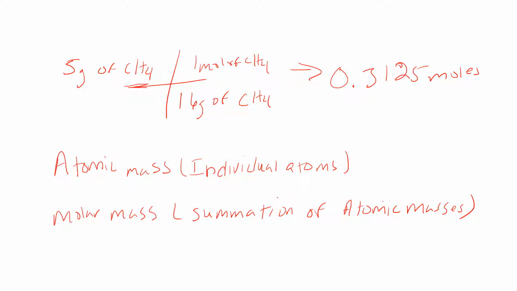If we use significant figures, with 5 as the least significant digits, it would be 0.3 moles. But when we're trying to figure this out, you always want to think about what the question is really asking for.